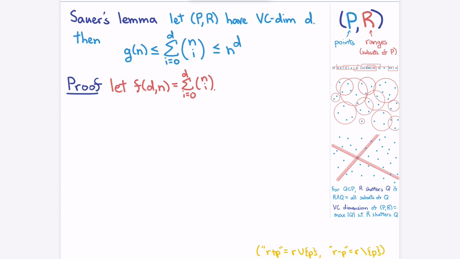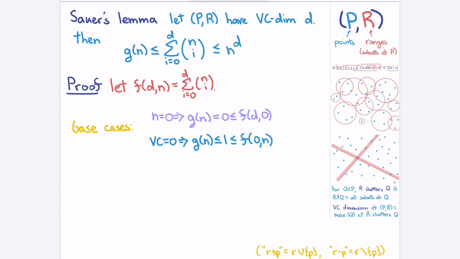Yeah, or equals 0? Let's see what I wrote. If n is 0, then of course there are no subsets you can induce, and that's okay. You can double check. If d is 0, then G(n) is at most 1. You can only do one set.